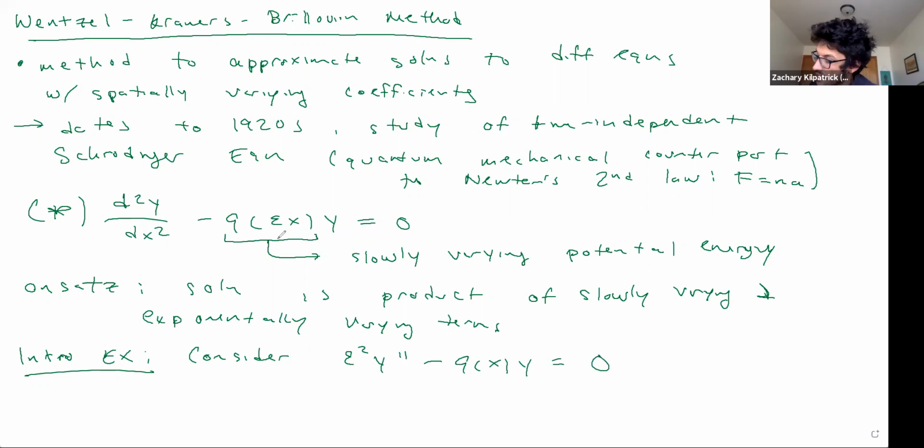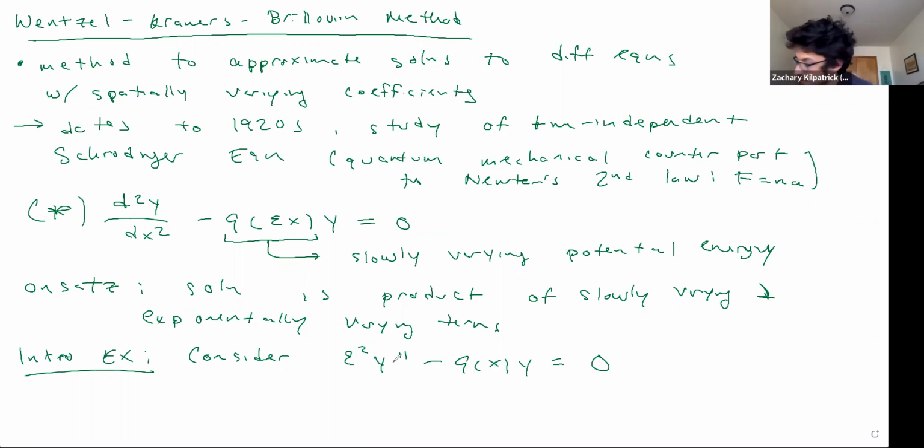So not quite the form of this formula here, but you can imagine that if we divide through by epsilon squared, then we're going to have all of our x and epsilon dependence as a coefficient of y here. But things are a little bit easier to see if we write it out like this, and then it becomes clear that this second derivative is a singular term, okay?